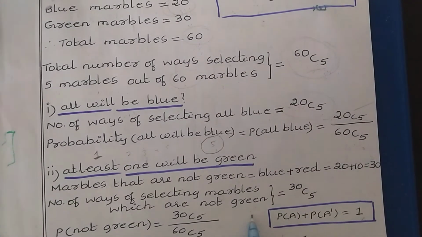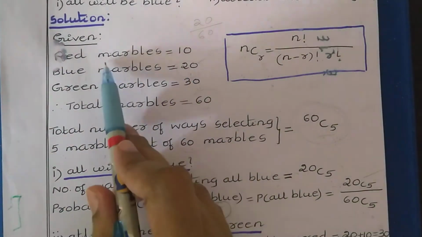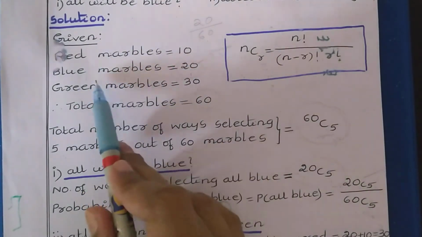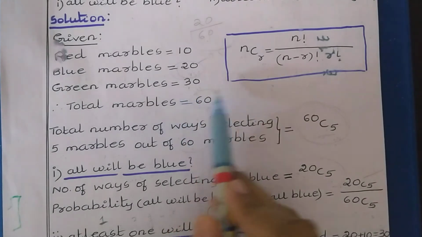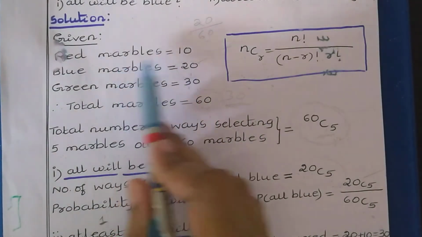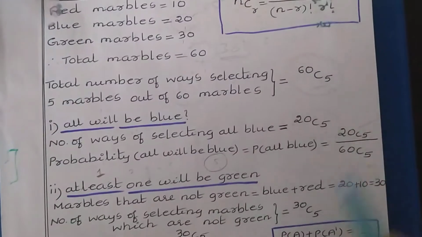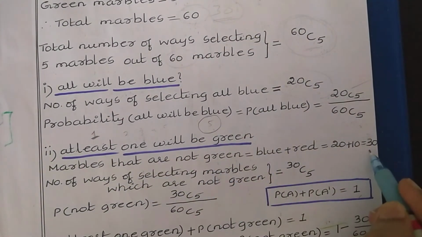Not green means we have 30 green marbles, and we have red marbles 10, blue marbles 20. So from 60 we have to deduct 30. So we have total remaining marbles 30. That is red 10 and blue 20. So marbles that are not green is equal to 30.